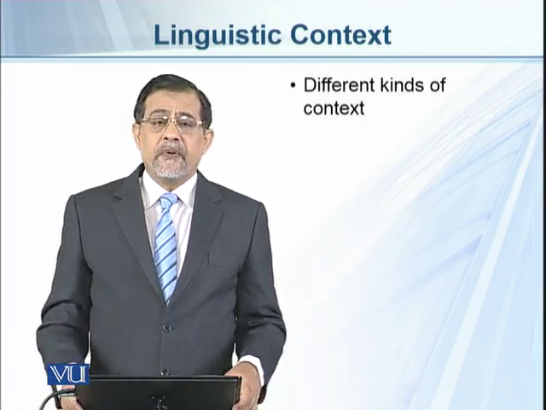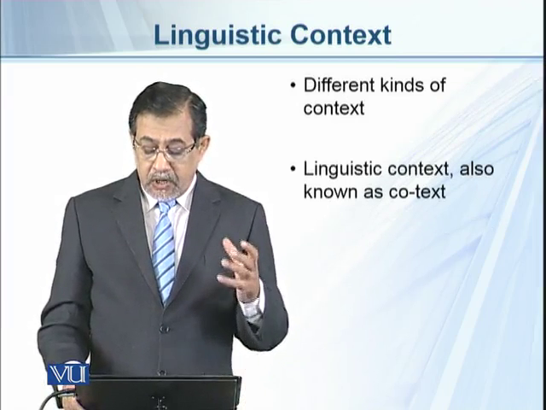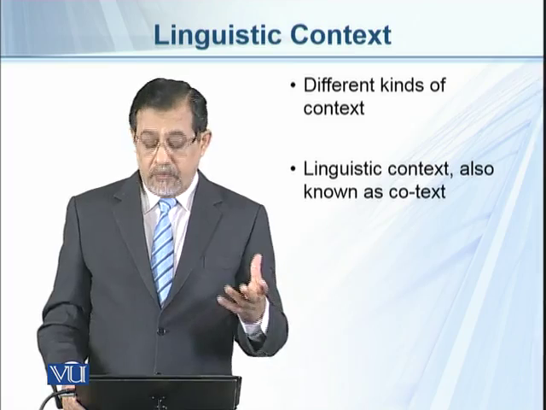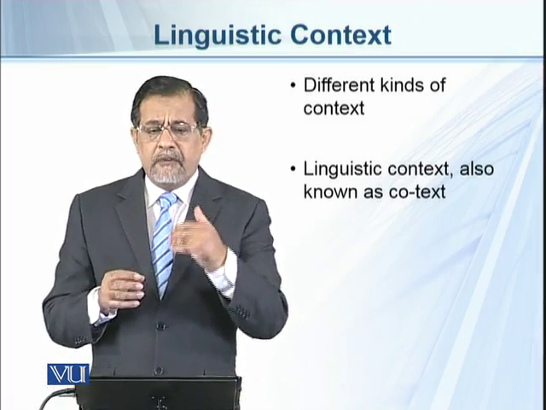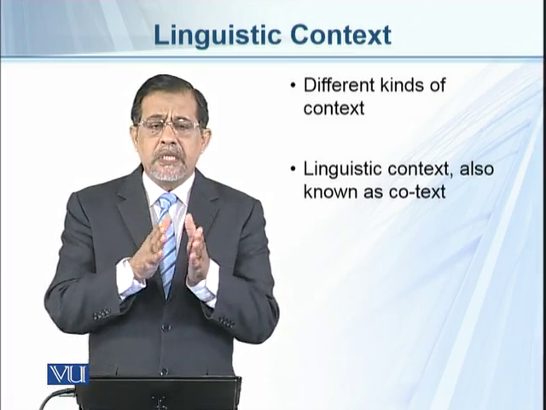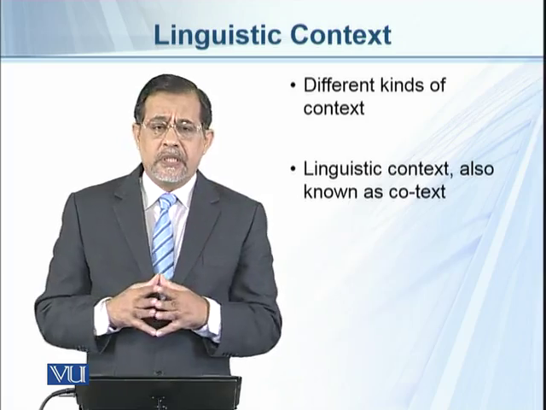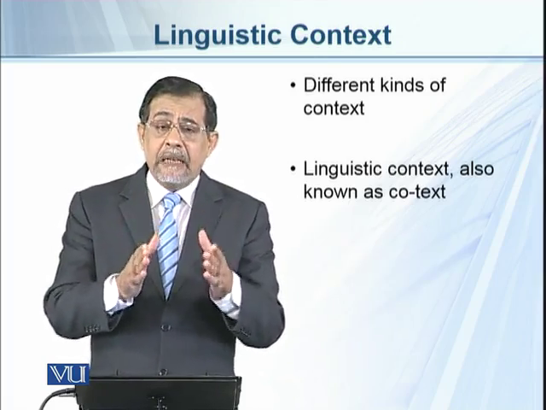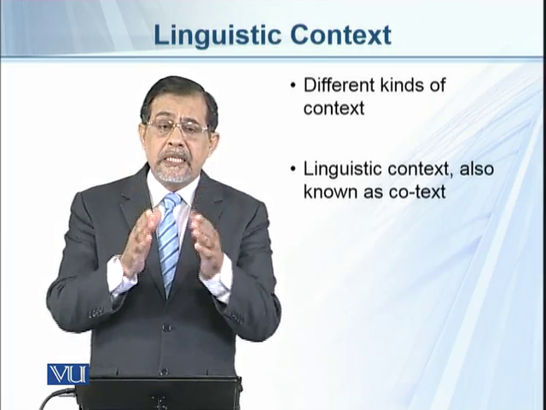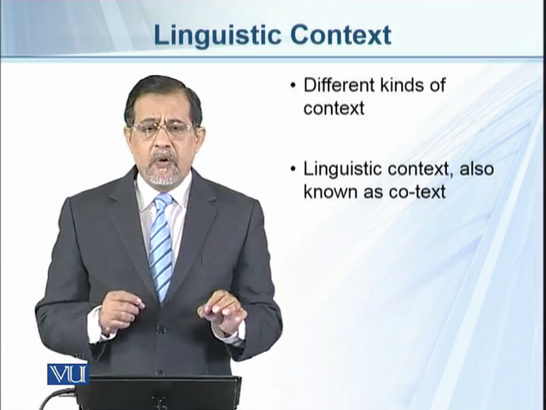Different kinds of context. Linguistic context, also known as co-text. Linguistic context means that whenever we have an utterance, there are certain other linguistic forms or words which can help the listener understand what actually is the meaning of a certain word.